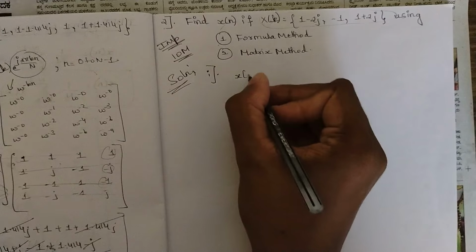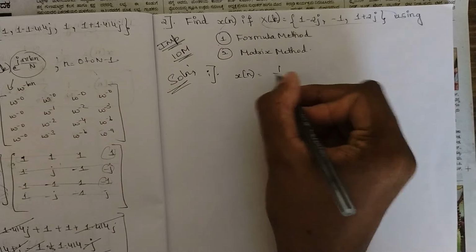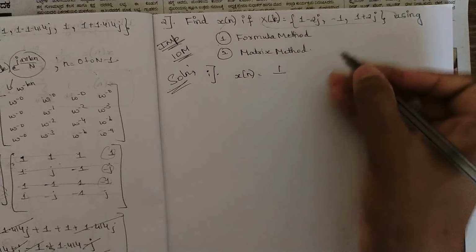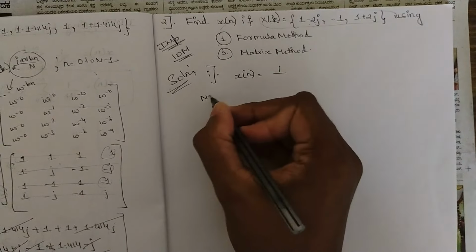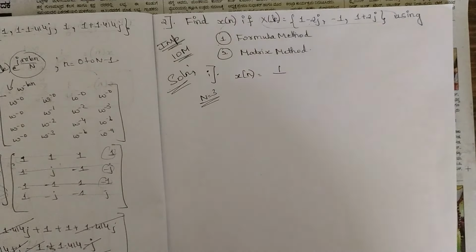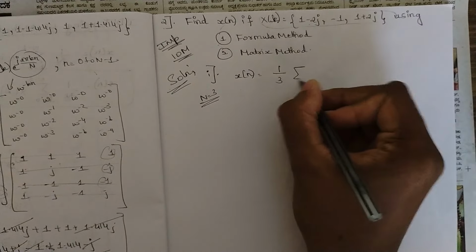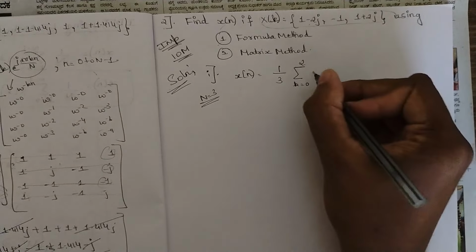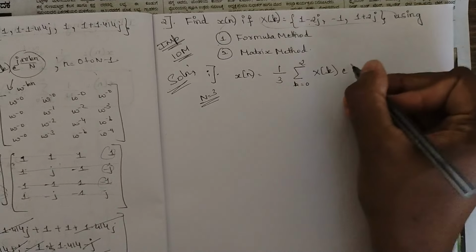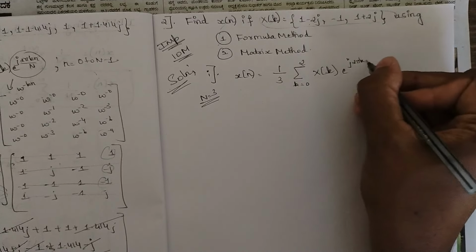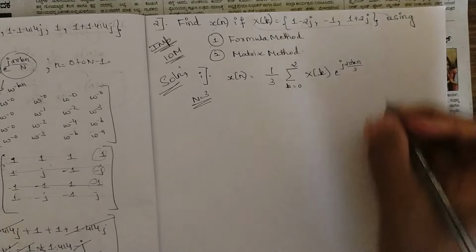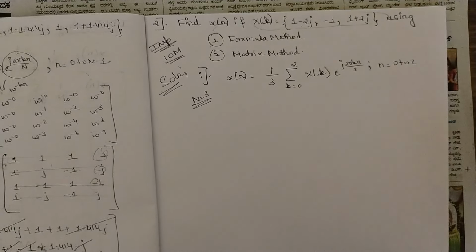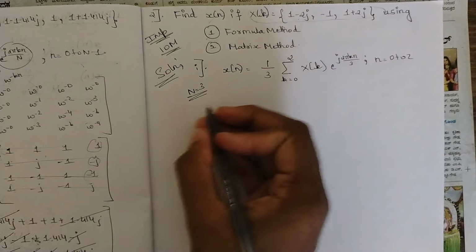Formula for IDFT is x of n is equal to 1 by, so I'm going to directly write the values without wasting time. Since you know the formula, this is a 3-point DFT, so N is equal to 3. So 1 by 3 summation of k equal to 0 to N minus 1, that is 3 minus 1 is 2, x of k e power j 2 pi k n by 3, where n is equal to 0 to 2. So now let's substitute some of the values.